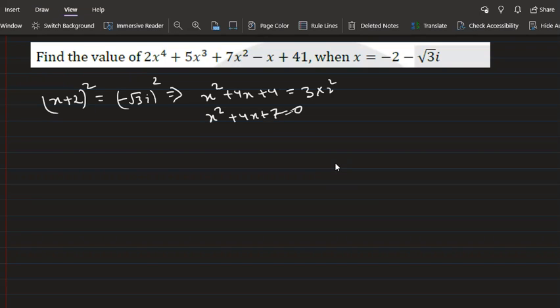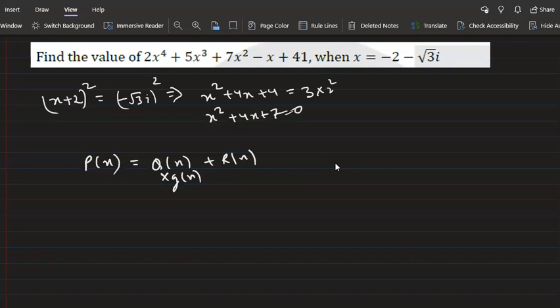And we know that if we have a polynomial p(x), which can be written as q(x) plus r(x), and q(x) is its factor, then p(x) will be 0.